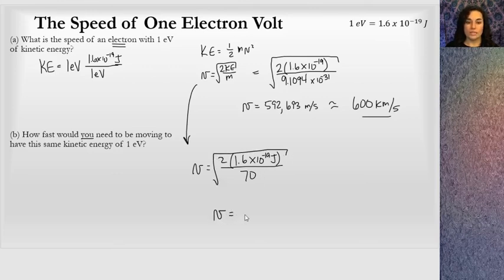And when you run this through your calculator, you get a super small number, 6.67 times 10 to the negative 11th meters per second. It seems like you barely budge one direction, and you're going to have the same amount of kinetic energy as an electron moving at 600 kilometers per second.